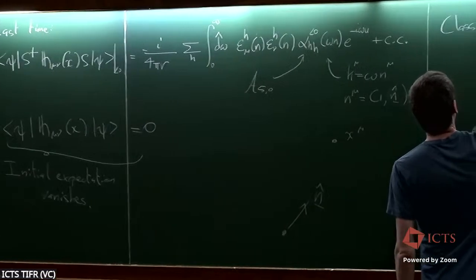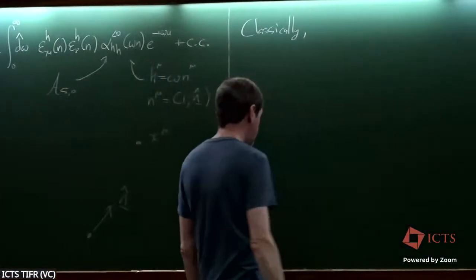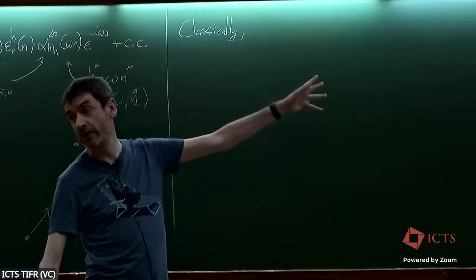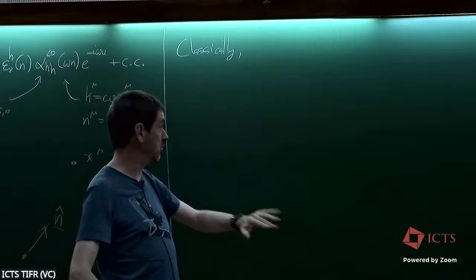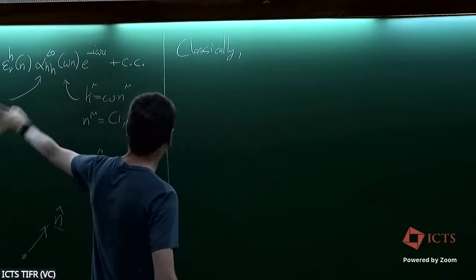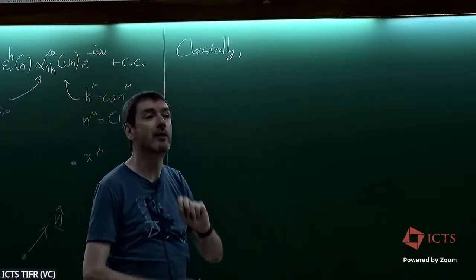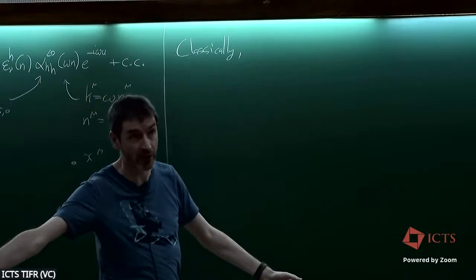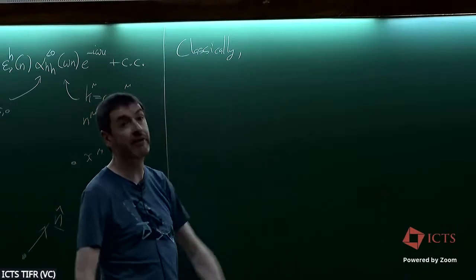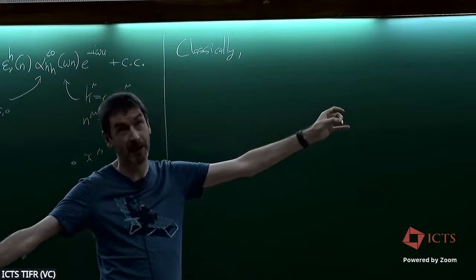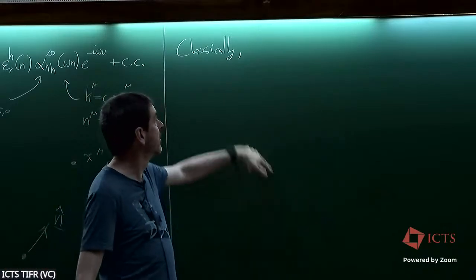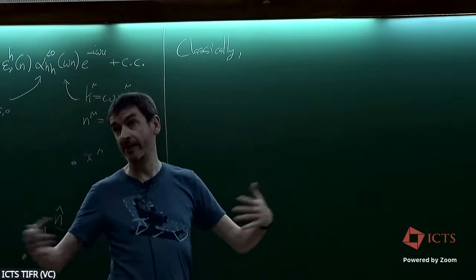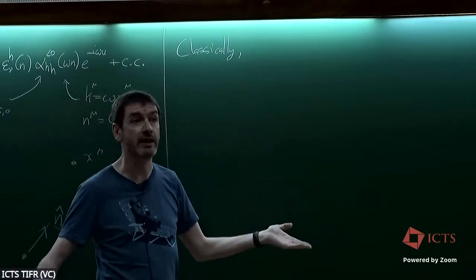Maybe it's worth saying a couple words. In the far past, the two bodies that we're scattering are very far apart. So even if, classically, in this whole story we're performing full nonlinear general relativity order by order in perturbation theory, when the objects are very, very far apart in the past, the metric will linearize. So the total metric in the far past will be the sum of contributions of each body.